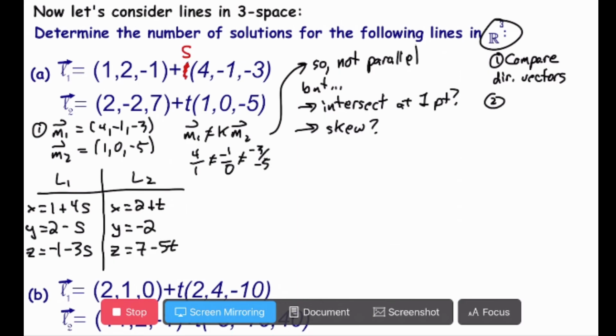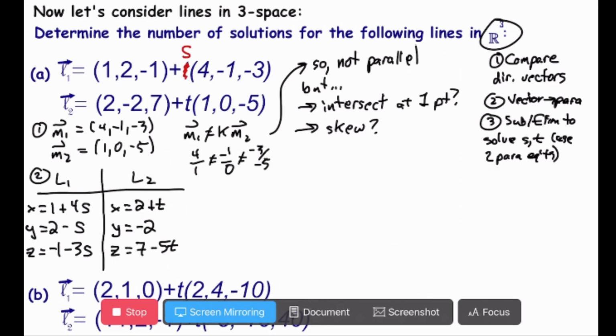So our step 2 was to go from vector to parametric form. Our next step is to use substitution or elimination to solve for s and t, using two of our parametric equations. Step 3: I'm going to choose two equations and solve for s and t. Assuming my x's are equal, I have 1 plus 4s equals 2 plus t.